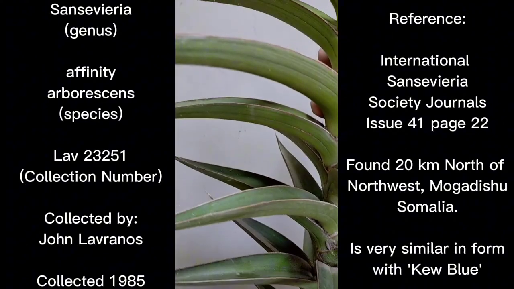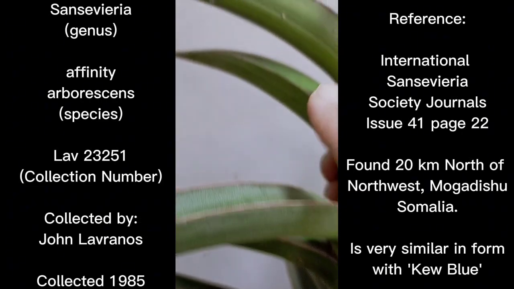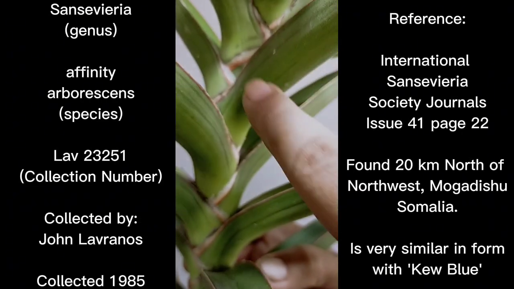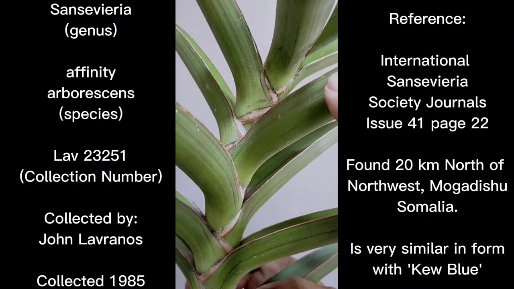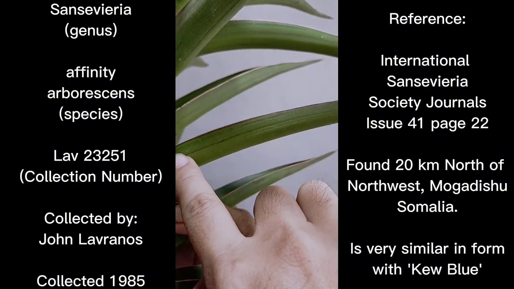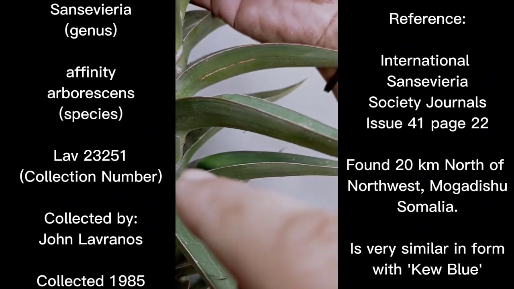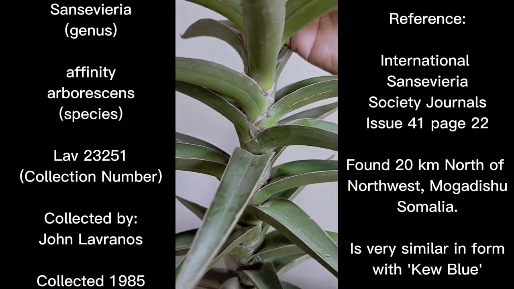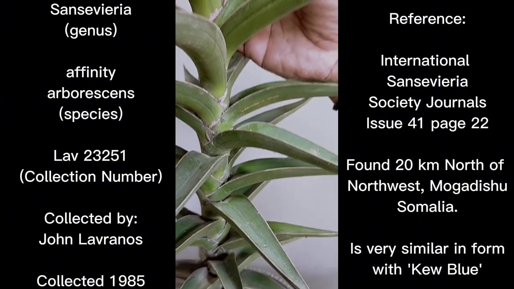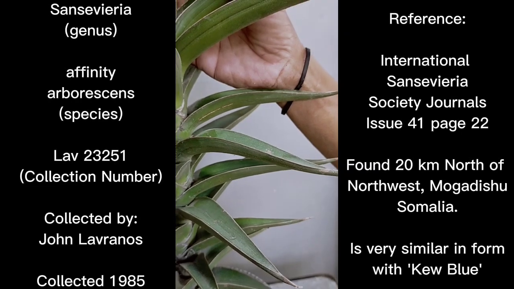Also, you will see that there are dark longitudinal lines on the sides of the leaf for Lavranos 23251. There are other variegated kinds of Lavranos 23251, or we can call it affinity arborescens.